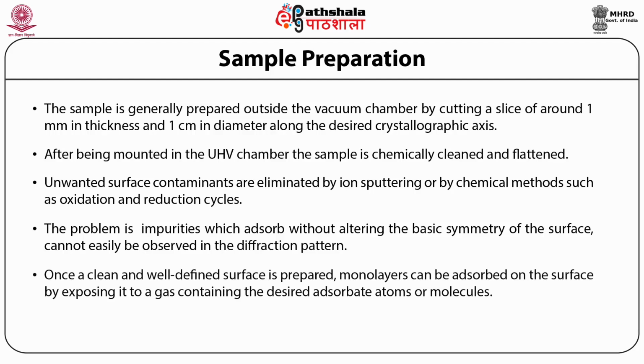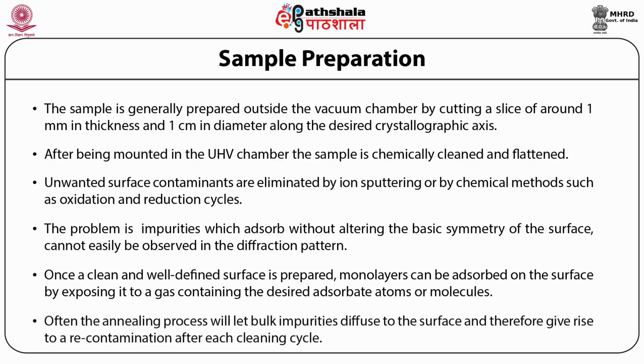Once a clean and well-defined surface is prepared, monolayers can be adsorbed on the surface by exposing it to a gas containing the desired adsorbate atoms or molecules. Often the annealing process will let bulk impurities diffuse to the surface and therefore give rise to recontamination after each cleaning cycle.